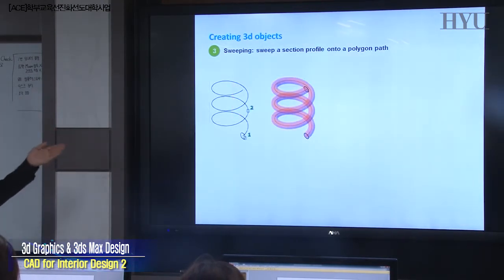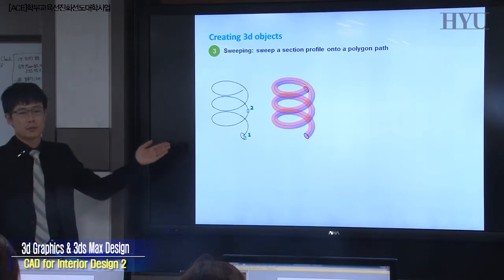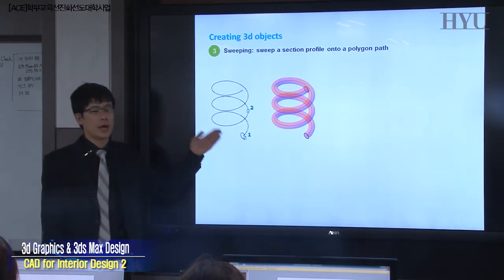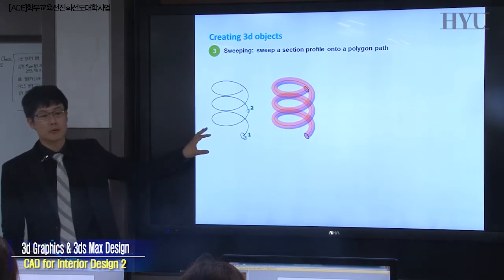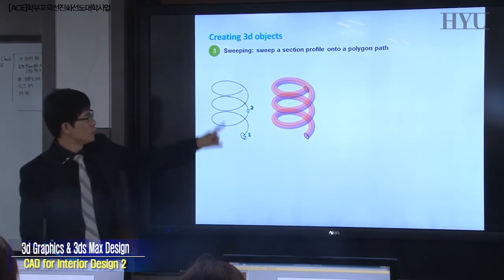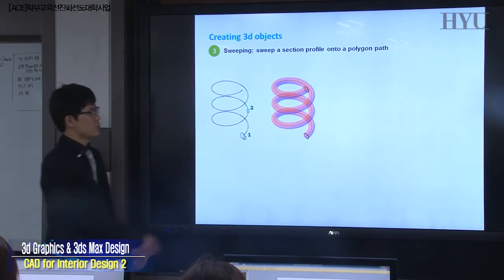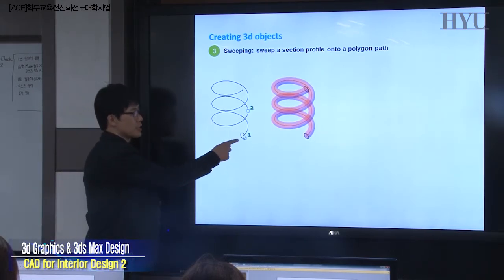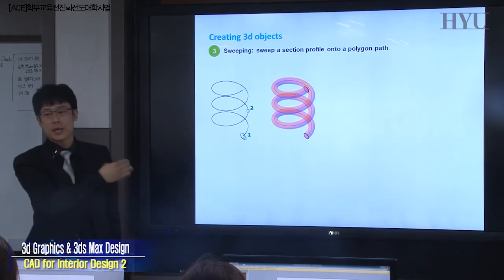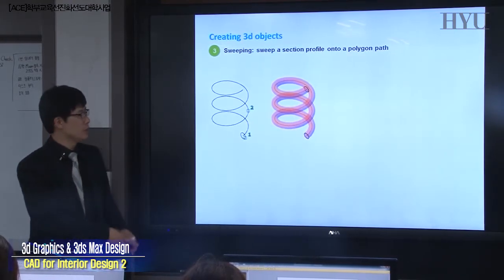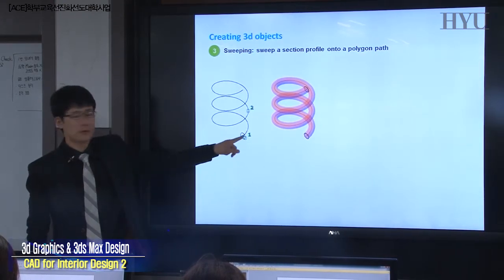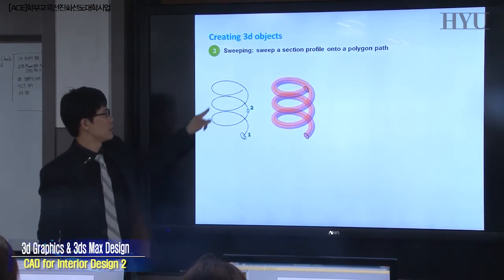The third one is sweeping. Actually, this is very important because you can create any kind of complex 3D object using this method. You need two definitions. First one, the section profile definition. Section means section, you know what it is. A section profile in 2D, that is the first one. The second one is the path.